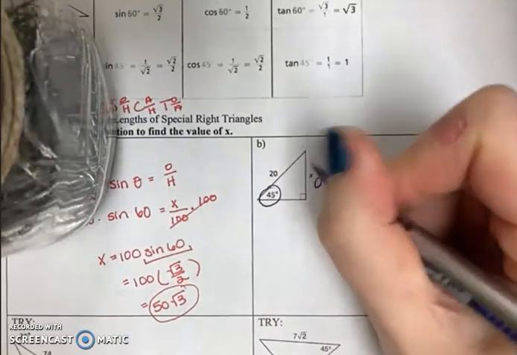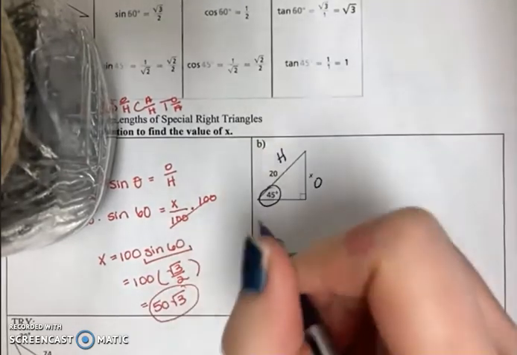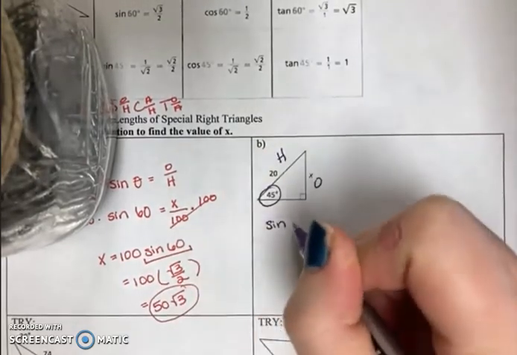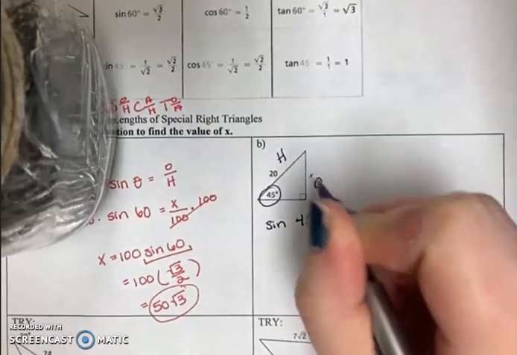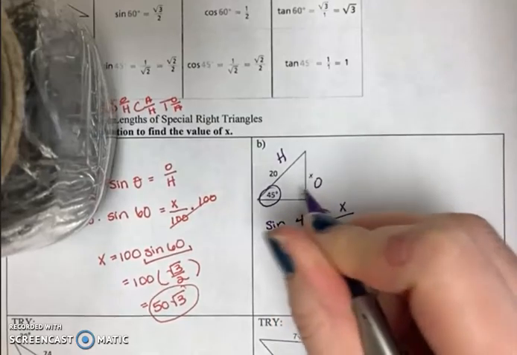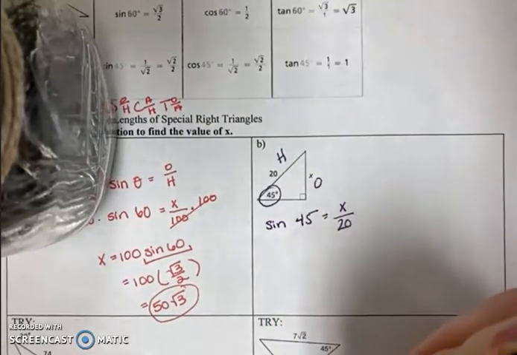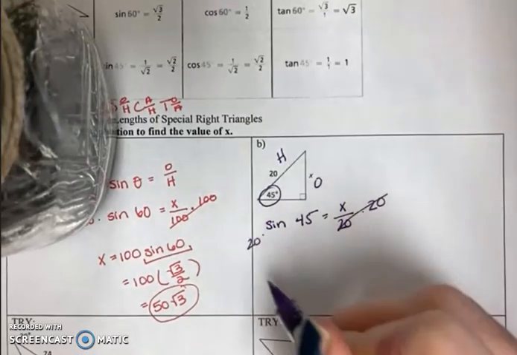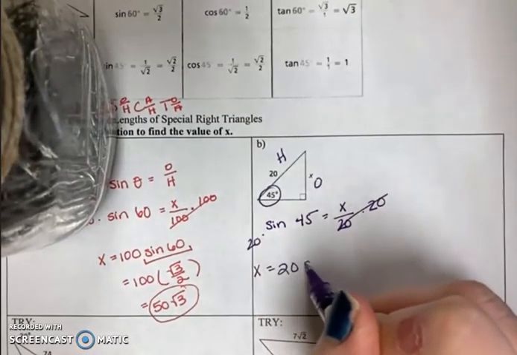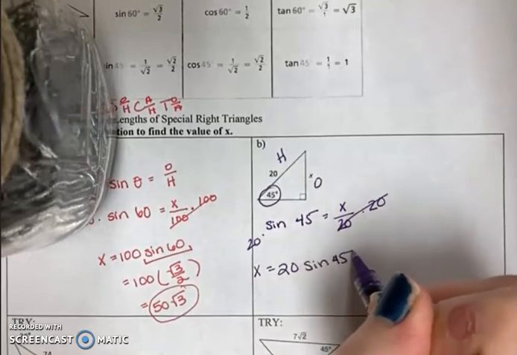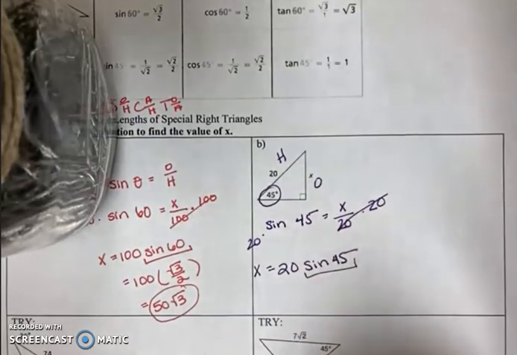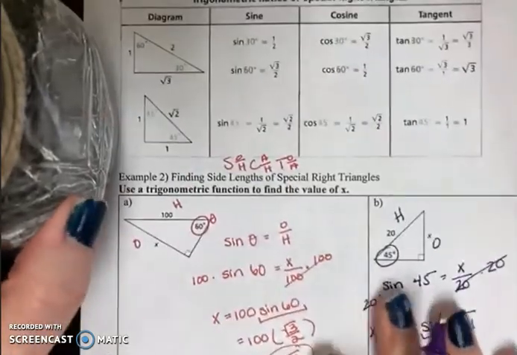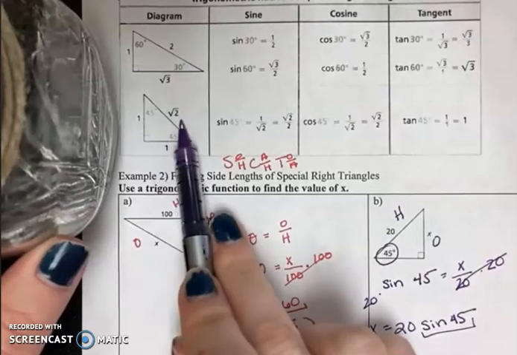So I have the opposite and the hypotenuse here. So sine of 45 equals opposite over hypotenuse. Let's solve for x. You just multiply by 20 on each side. Sine of 45 will be in our table. So here's my special triangle. It's 1, 1, root 2.